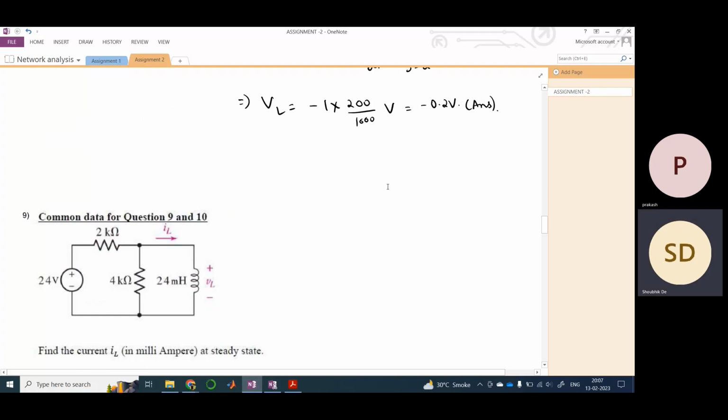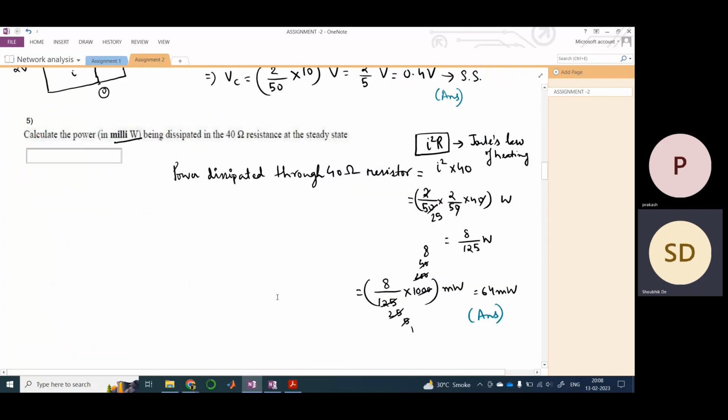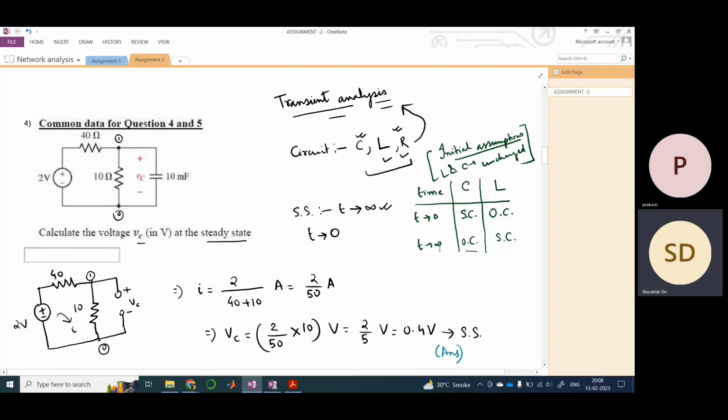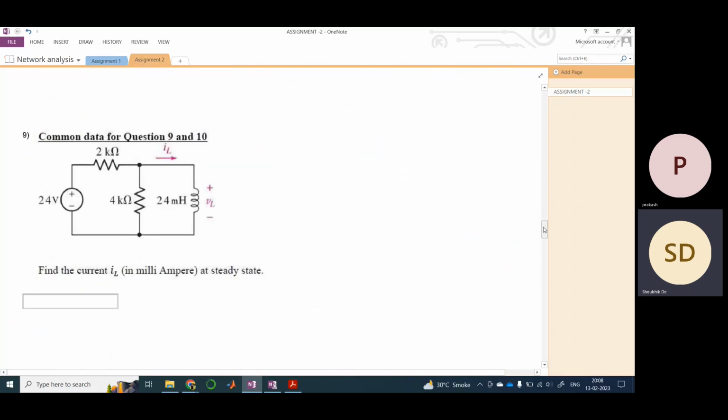Okay. So similarly now coming to the steady state of the inductor, right? We saw this table, right? If we go back to this table, at t equals infinity. So if we look at this problem at steady state, steady state means t equals infinity, a very long time.